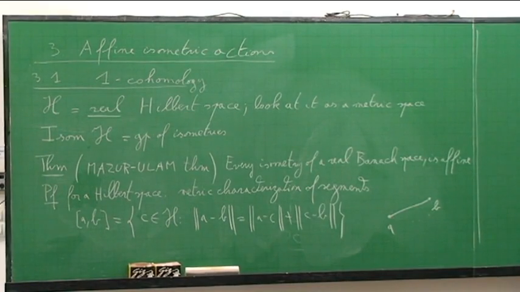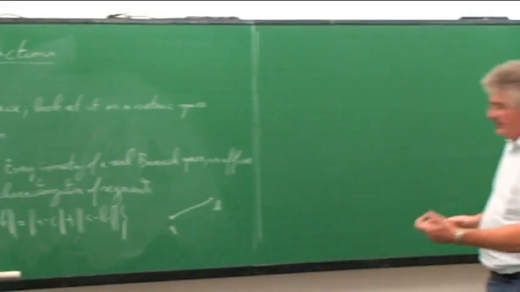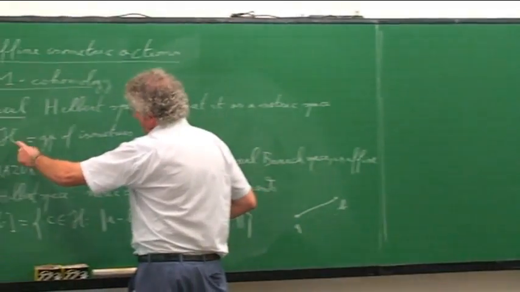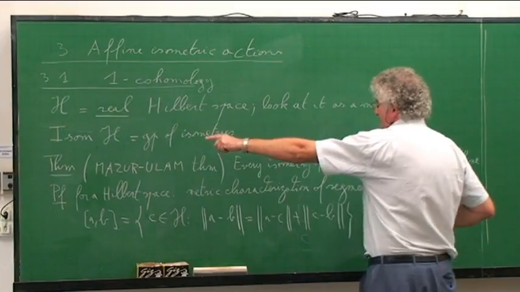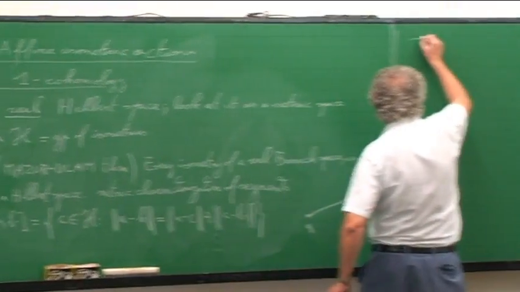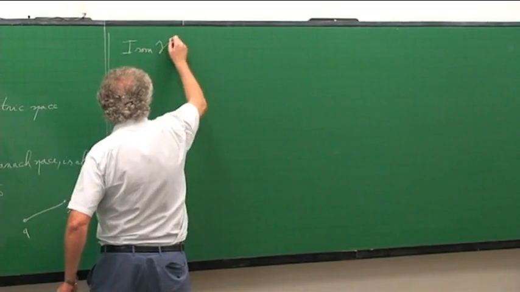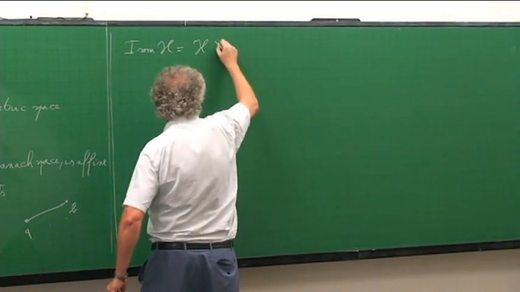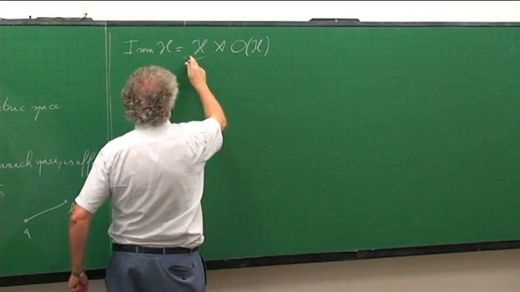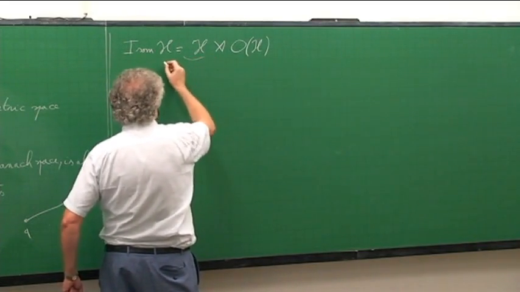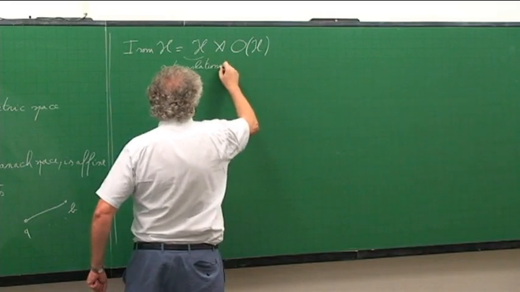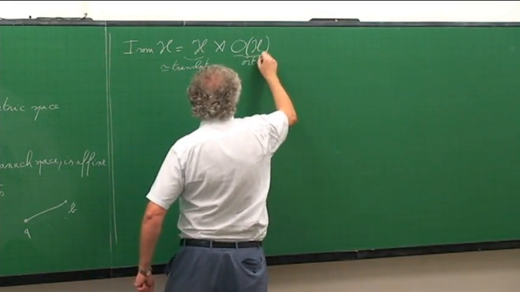Okay, so now if we remember that we started with a vector space, so we have the zero vector, and this gives us, the Mazur-Ulam theorem immediately gives us a structure theorem for the group of isometries. It tells us that the group of isometries is a semi-direct product of the additive group of H, identified to the group of translations, and here the orthogonal group.